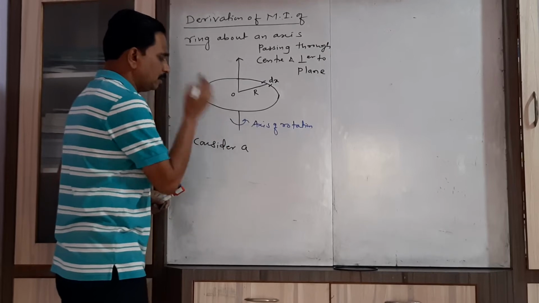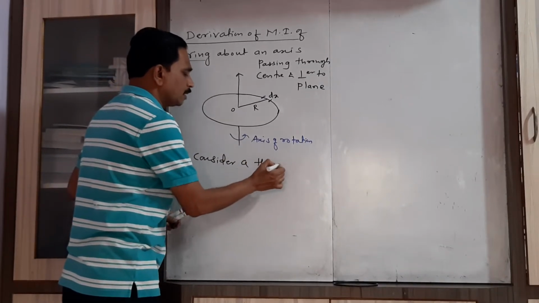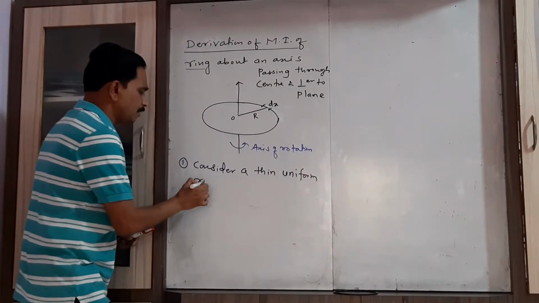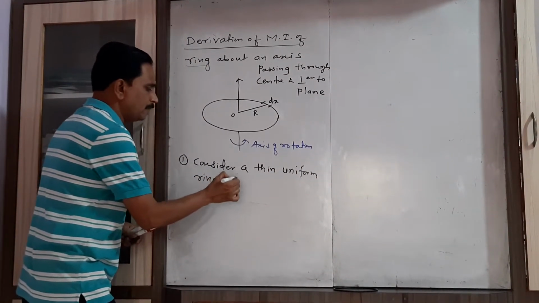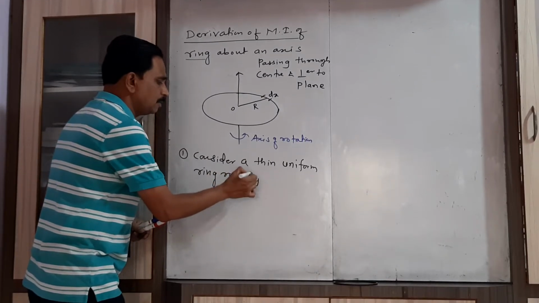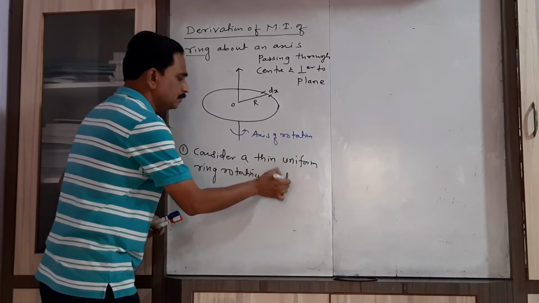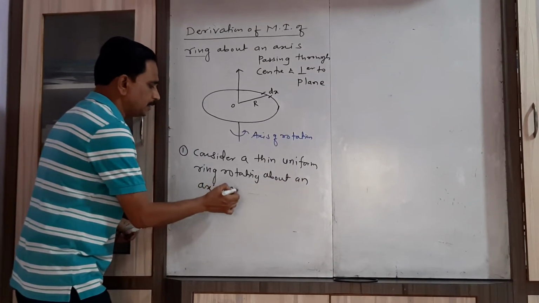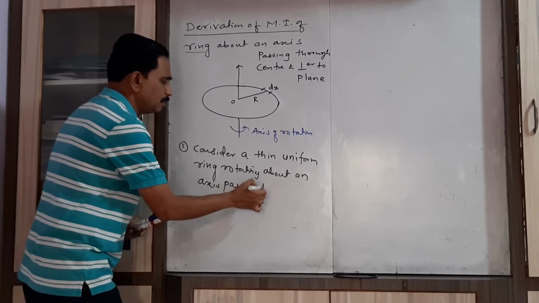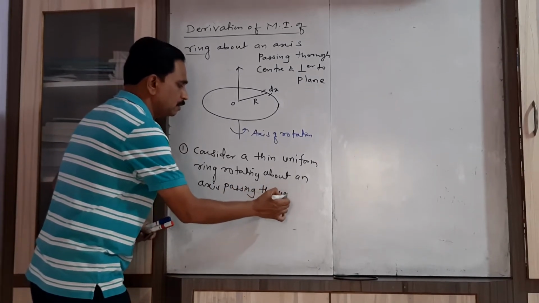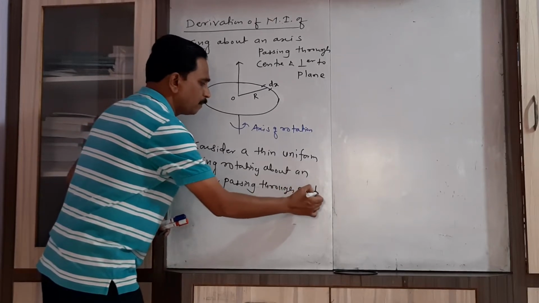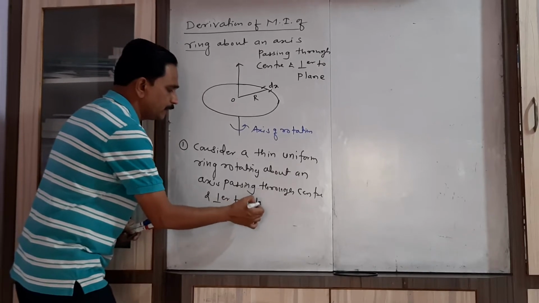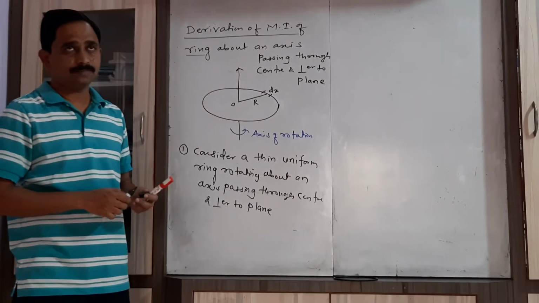Consider a thin, uniform ring rotating about an axis passing through the center and perpendicular to the plane.